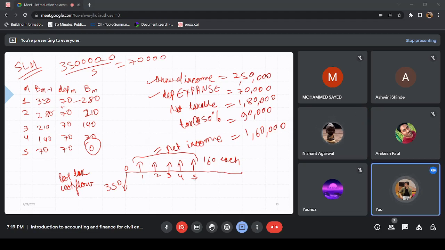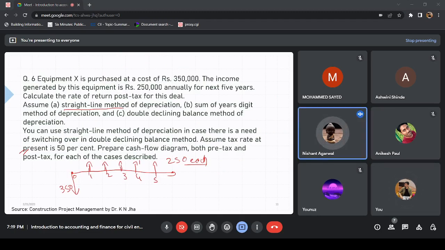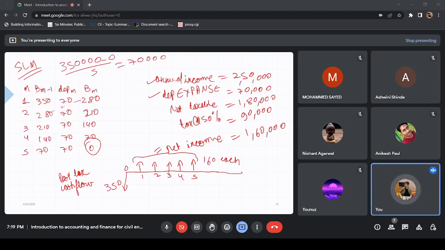So can you calculate? Okay, I'll go back to the question. Our question also asks for determining the rate of return. So can you determine? Can you find the rate of return in this case? Or how will you determine the rate of return in this case? We already studied it.